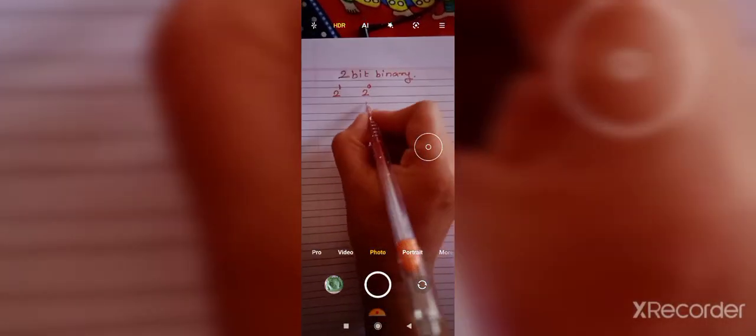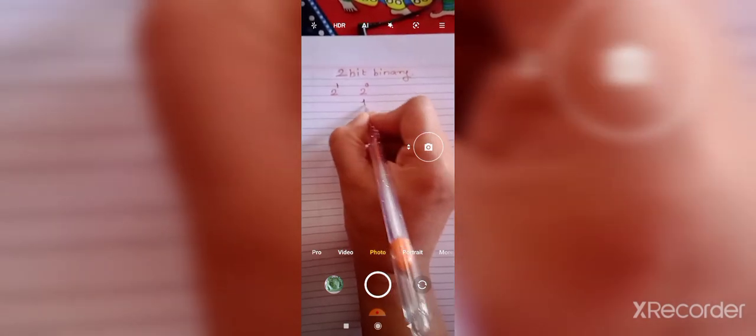you have to put the weights like 2 raised to 0, 2 raised to 1. Now 2 raised to 0 means 1, and 2 raised to 1 is 2.